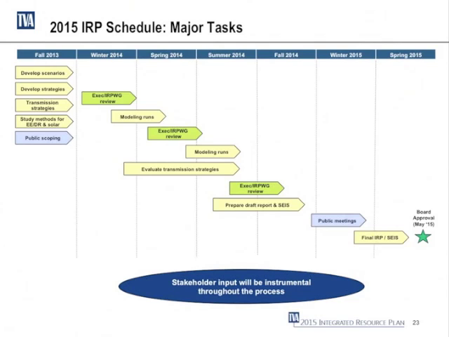So this is another slide from TVA that they've put out. So you'll see where we are now. We're finished with the public scoping, and they're moving into actually the working groups that are involved with the TVA IRP process, or have begun and are still continuing to meet.